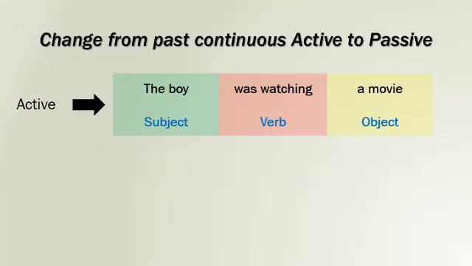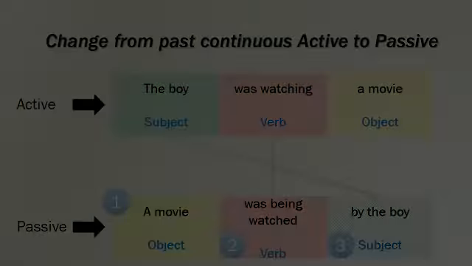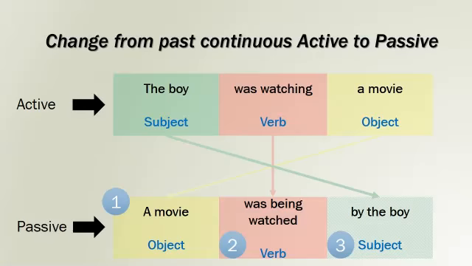Please use the previously mentioned rule and steps to change the following sentence from the past continuous active to the passive voice. The steps are the same. The only difference is that we use the auxiliary was to talk about the past.